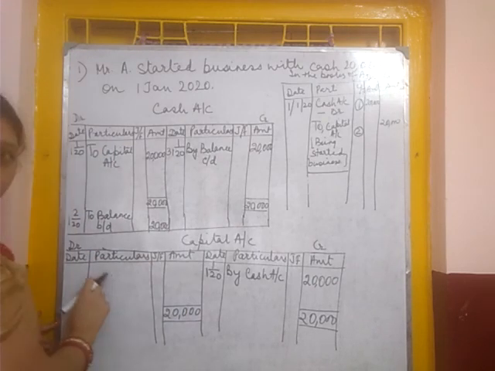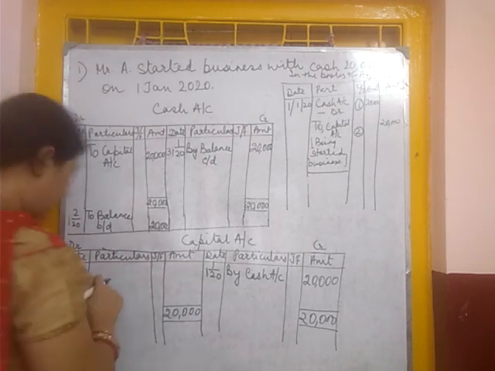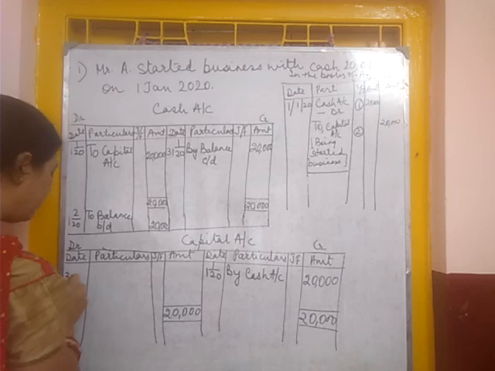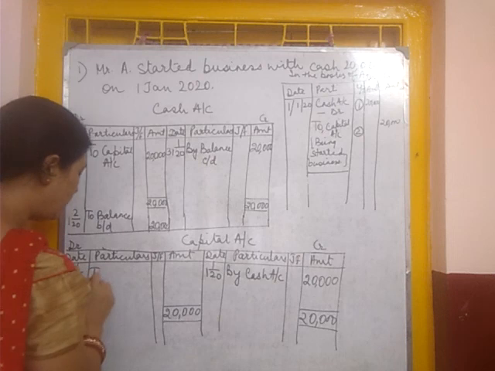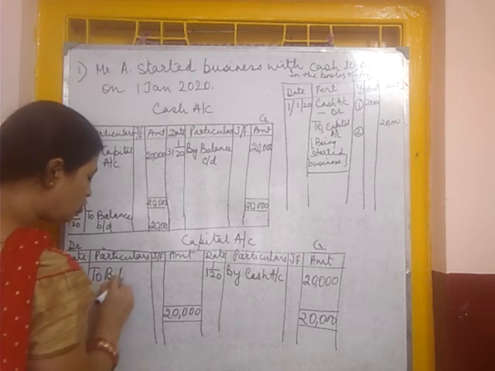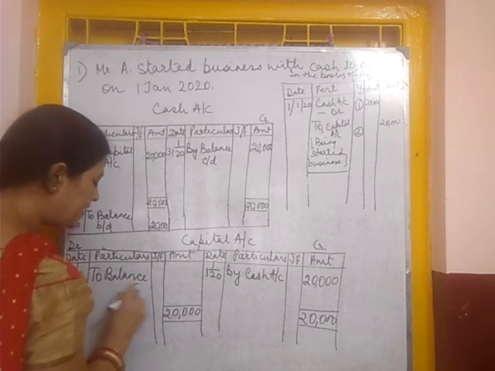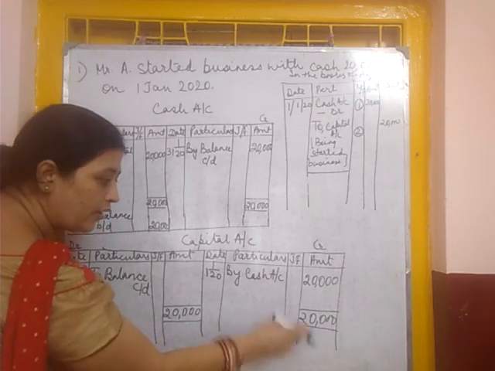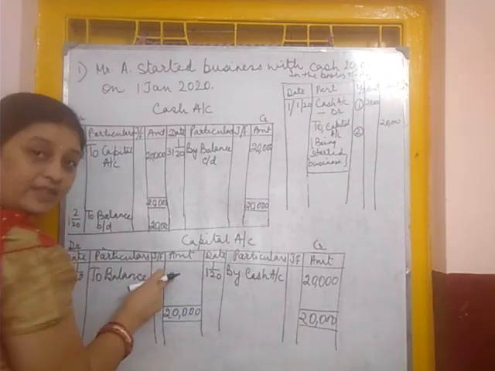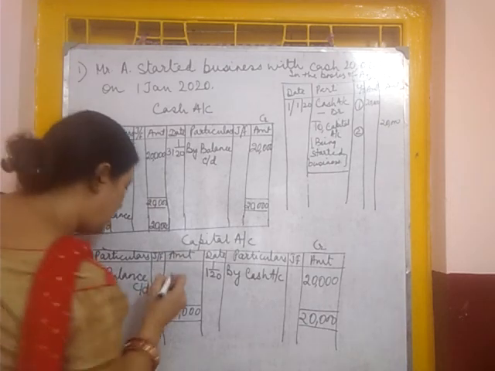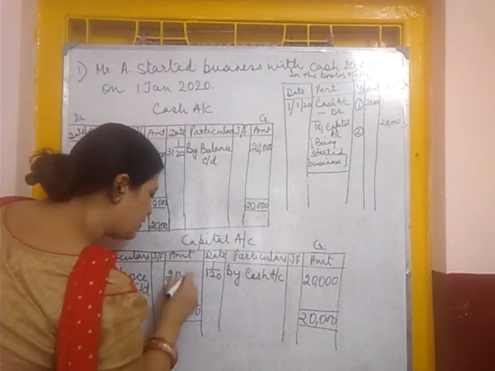So here on the last day of the same month, that is 31st January 2020, we will write to balance c/d, that is 20,000 minus 0. 20,000 minus 0 will give us 20,000.